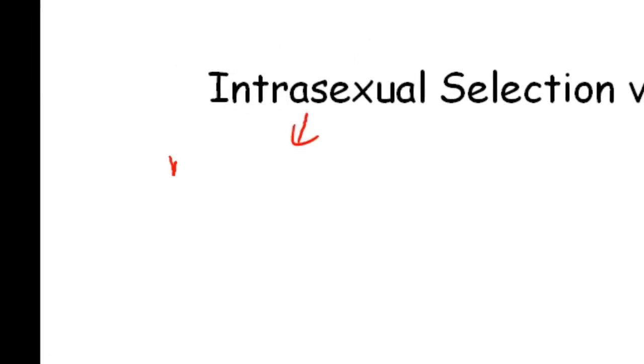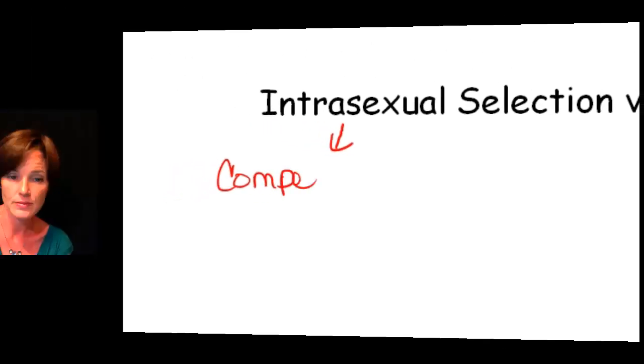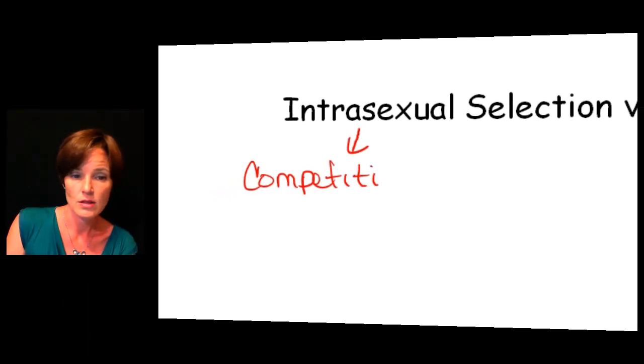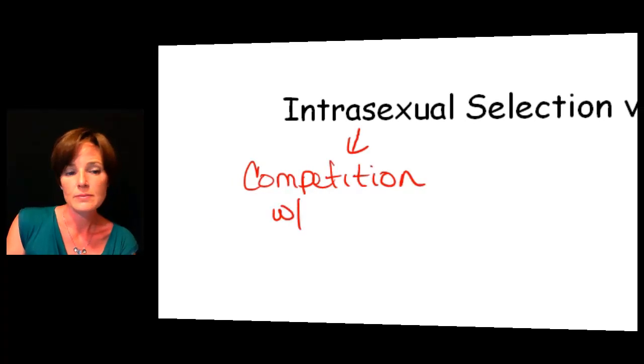We can also talk about intrasexual and intersexual selection of a mate. So we have non-random mating, and part of this is because of the way the competition or the selection takes place. So with intrasexual selection, this is competition within a single sex.